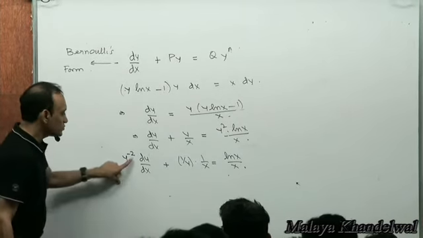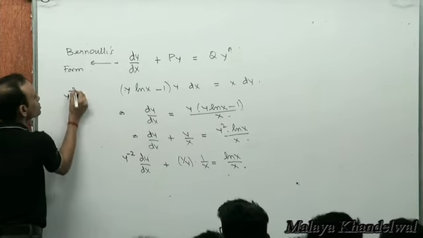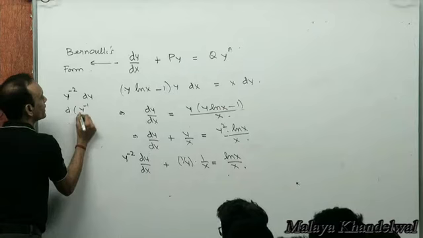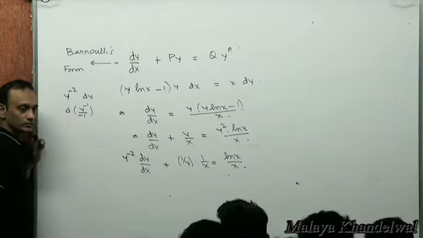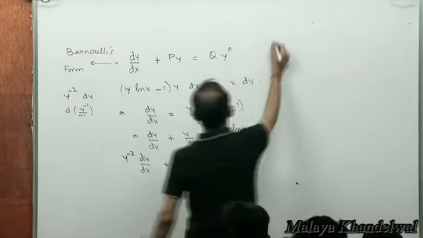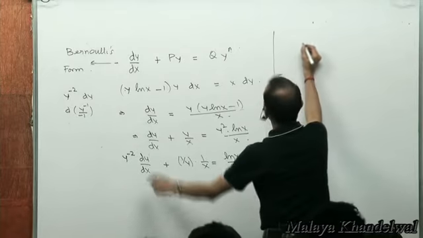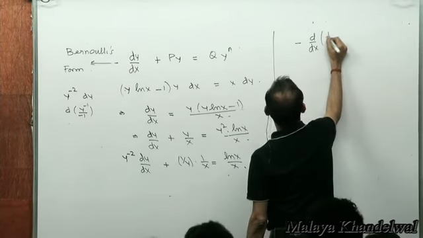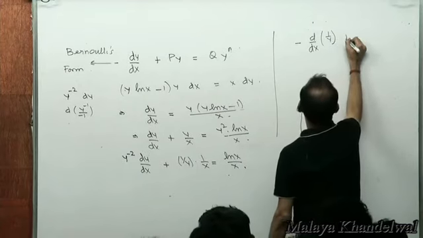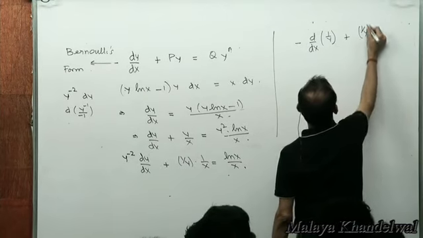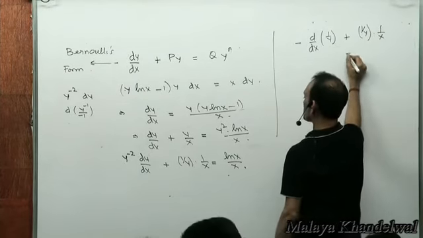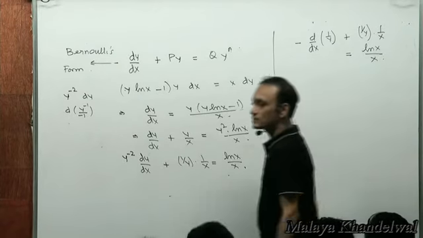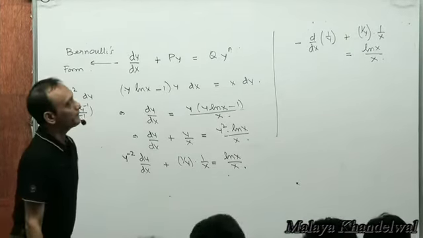And y to power minus 2 dy is what? d of y to power minus 1 divided by minus 1. So when I do that, minus d dx of 1 by y plus 1 by y 1 by x equal to log x by x, right?